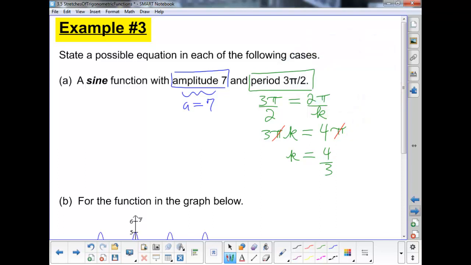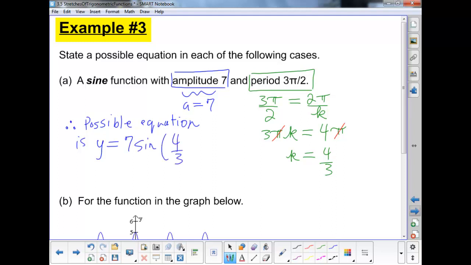Okay, so it does say a possible equation here. So what we'll do, in this case, we have enough information to state the equation that we would need. So I'm going to say therefore, and because it wanted a sine function, we can go simply y equals 7, and then it will have to be sine of k times x. So in this case, 4 over 3 times x.